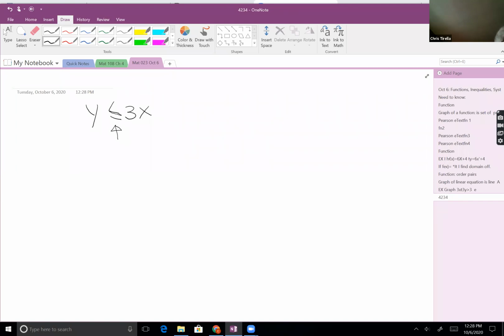Because that equals is in there, whenever that equality is in there, it's going to be a solid line. Now my boundary is where y is equal to 3x. I don't have to solve for y, that's done for me already.